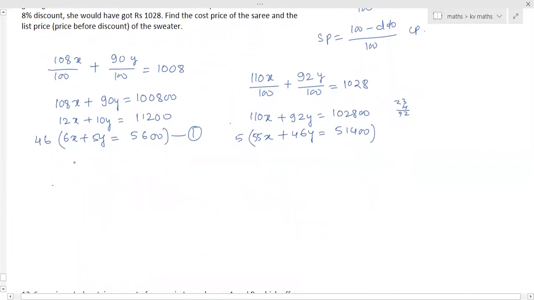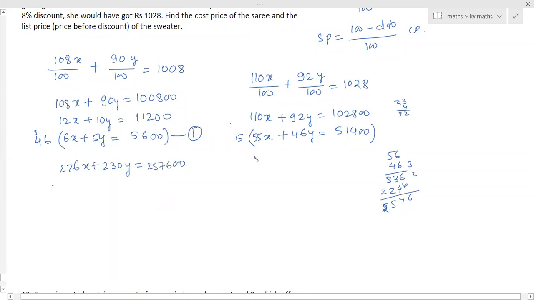So this is equal to 276x plus 230y is equal to 5600 into 46, which is 257600.